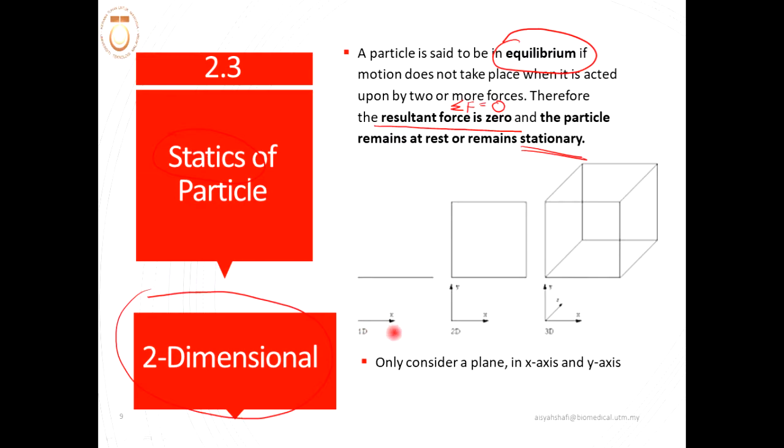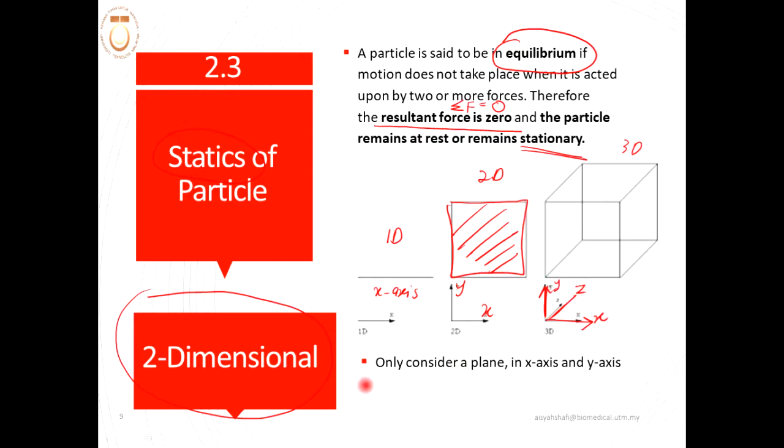So for example, one dimension only considers one axis, for example the x-axis, and then two-dimensional considers a plane. So a plane, that is the y and x axes, for example, and three-dimensional considers all three axes, x, y and z.